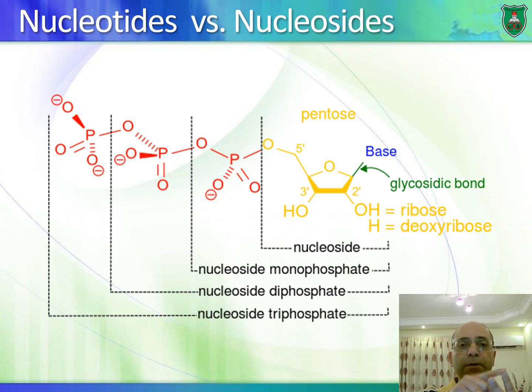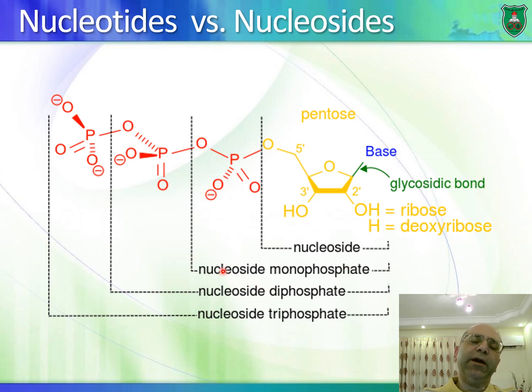If you remove the phosphate, you will end up with 2 components, the sugar and the base. This molecule is known as a nucleoside. So a nucleoside is basically a sugar with a nitrogenous base linked by a glycosidic bond. If you add a phosphate group, then it is known as a nucleotide.